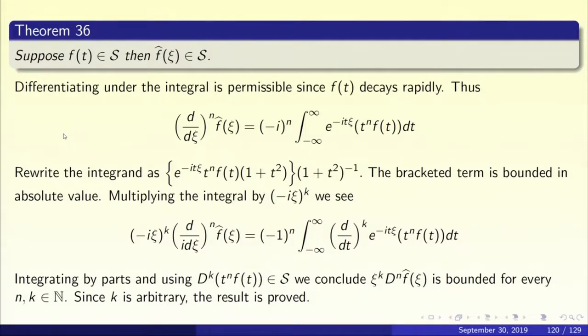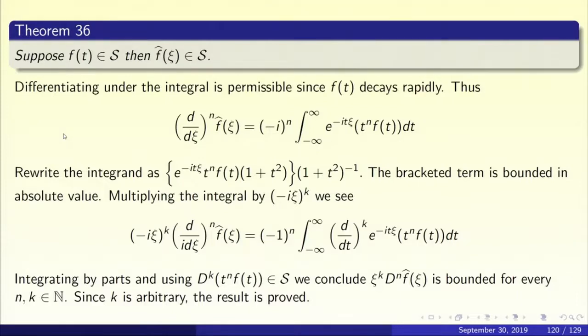Now I can differentiate it successively. So the nth derivative of the Fourier transform is minus i to the power n times the integral of e to the power minus i t chi into t to the power n times f of t dt. Remember that t to the power n times f of t is again in the Schwartz space. Now let us write the integrand by inserting 1 plus t squared raised to the power minus 1 and 1 plus t squared.